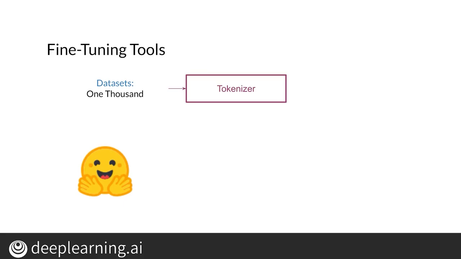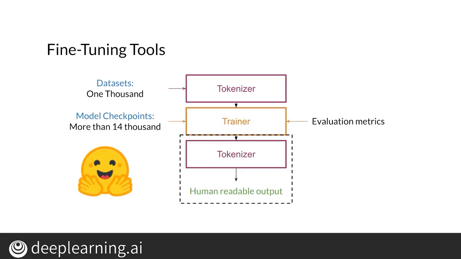Hugging Face provides you everything that you need to fine-tune a transformer model. They provide more than 1,000 datasets for specific tasks that you can quickly load using the datasets library. They also provide you with tokenizers that help you pre-process your data before the training and post-process the outputs after running the model. And they have more than 15,000 model checkpoints that you can load from the Transformers library.